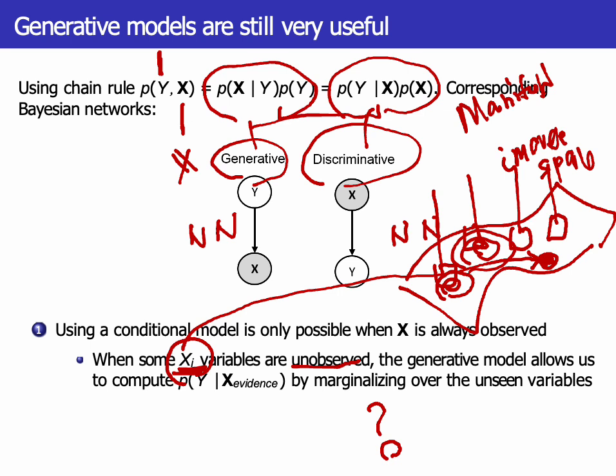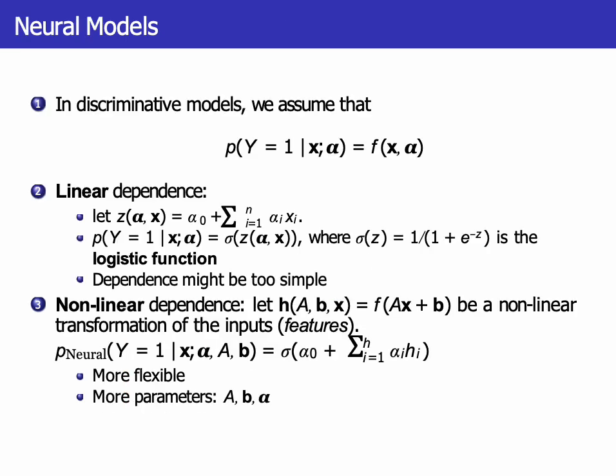We call this marginalizing over unseen variables. We do not know if this is correct or not, however it is still useful. And in discriminative models, we have to use a neural network to train.